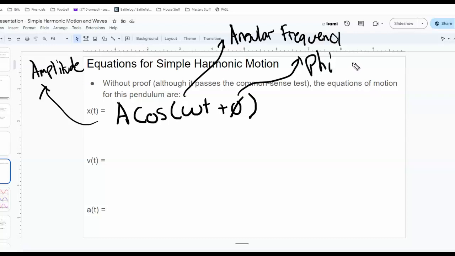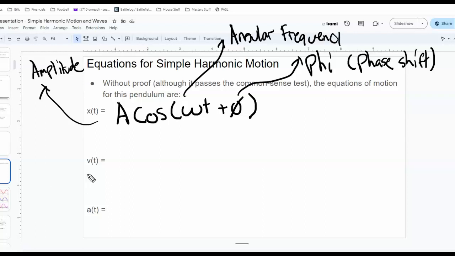This represents what's called the phase angle, or the phase shift, as you call it in pre-cal, and that represents the horizontal shift of the function. Now, in all the examples I've seen so far in the homework, this value is always equal to 0, but just to be safe, I thought I would include it in the equation. If it doesn't say anything in the problem about a phase shift, then you can usually assume that value is equal to 0. Okay, so this is where we left off last class with the equation for x of t.